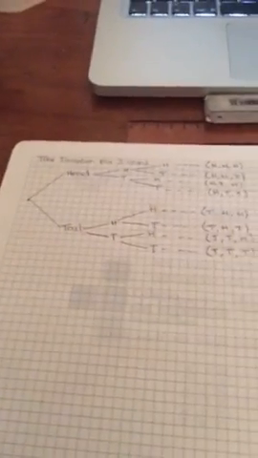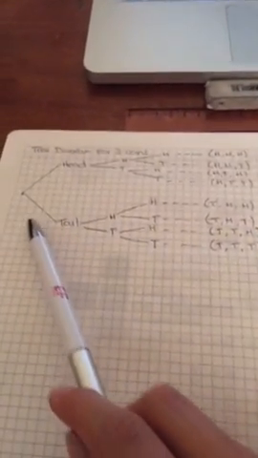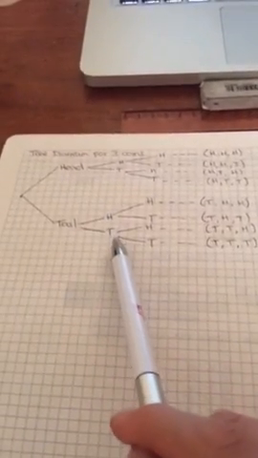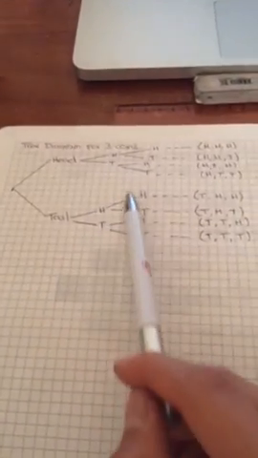Furthermore, we can find what the tree diagram for flipping three coins would look like. So firstly we start with a head and a tail, and from each one of them we take out 1 head and 1 tail.